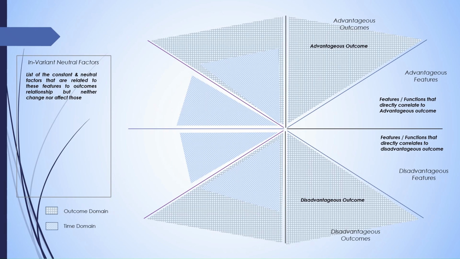Just below the x-axis, you have disadvantageous features, features or functions that directly lead to negative or undesired outcomes. Adjacent to these, still on the right-hand side, are the outcome domain areas. The upper right quadrant is for advantageous outcomes, the benefits you actually experience. The lower right quadrant is for disadvantageous outcomes, the costs, drawbacks, or negative effects that result.